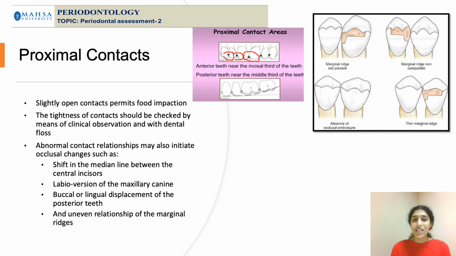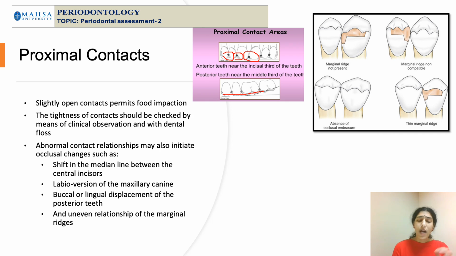Whereas with the posterior teeth, the proximal contacts are present at the middle third of the tooth surface at the contact point. This is very important because when you are doing your class 2 restorations, especially proximal restorations, it is important to know where exactly to keep the contact point. One mistake in the contact point can lead to a lot of inflammation, food impaction, patient discomfort, and further consequences.